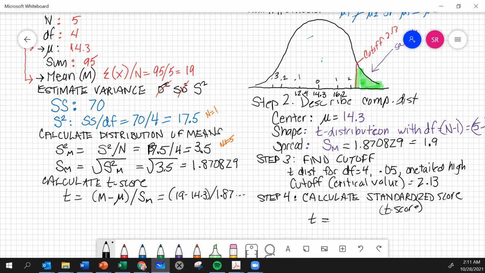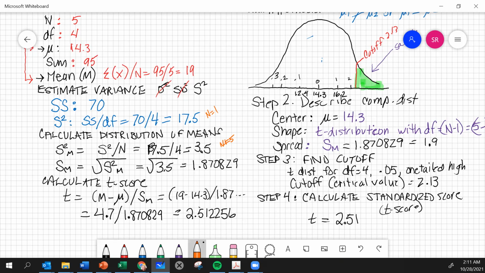And if we do that calculation, we find out that it equals 19 minus 14.3 is 4.7 divided by 1.870829. And that leaves us with a t-score of 2.51226, which I will write over here as 2.51.